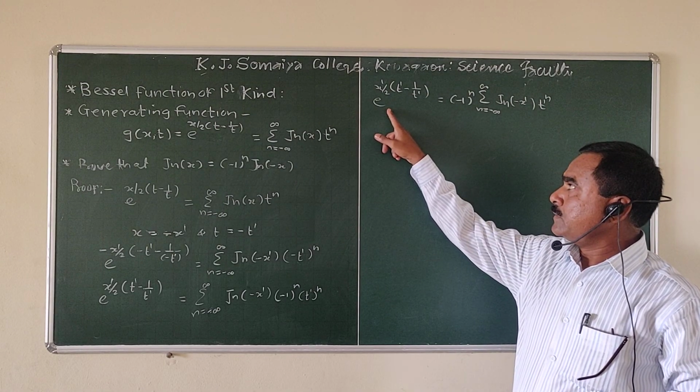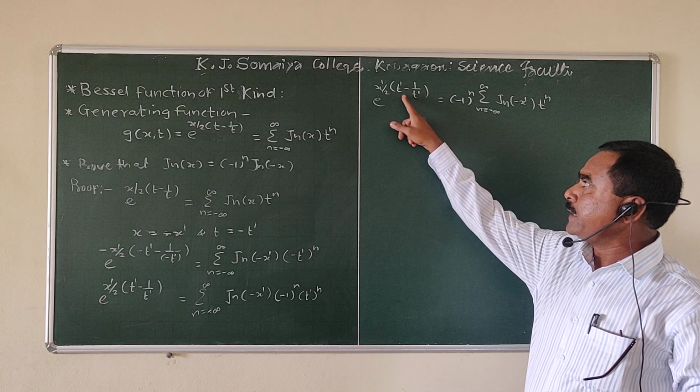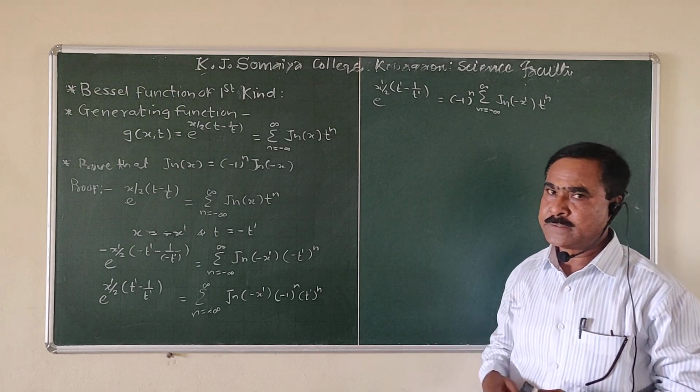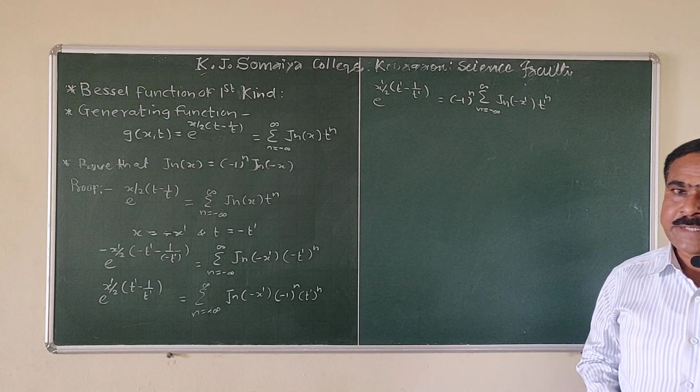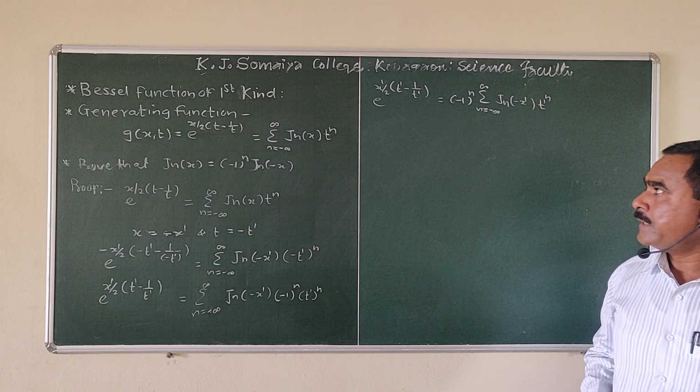Then we substitute e^{(x'/2)(t' - 1/t')} as the power series. Before that, here x' and t' are dummy variables, so we replace them by x and t.